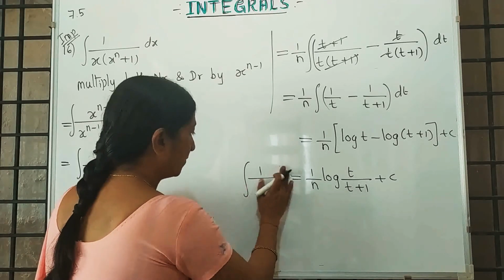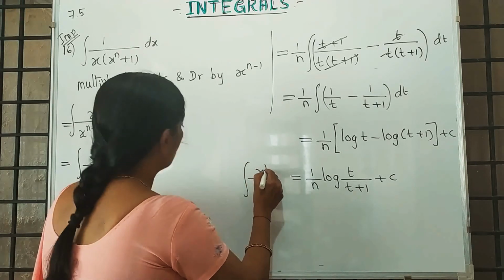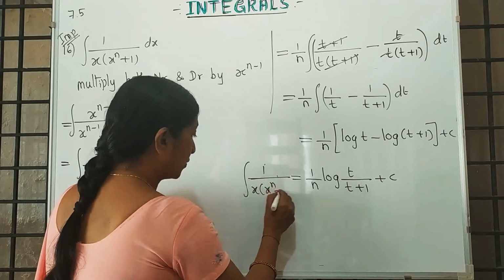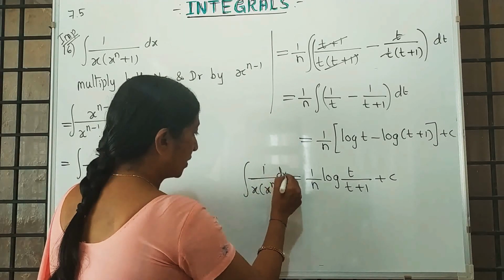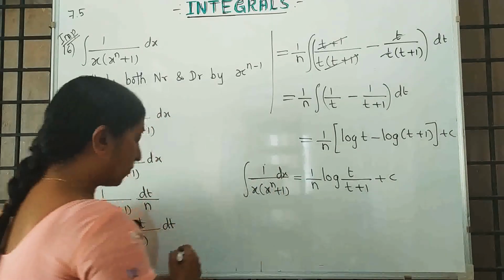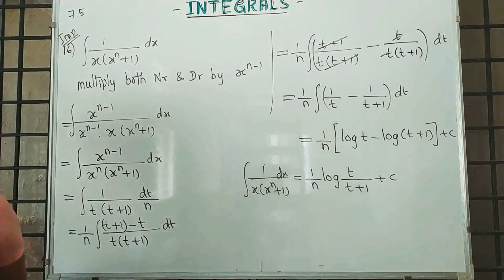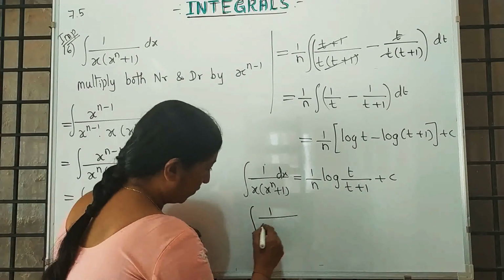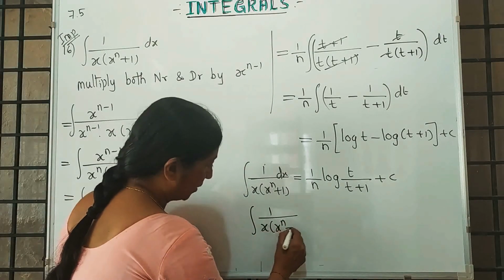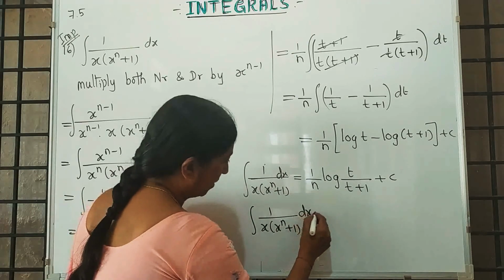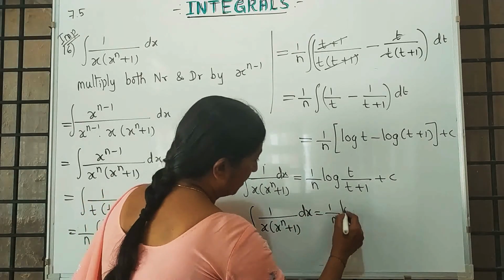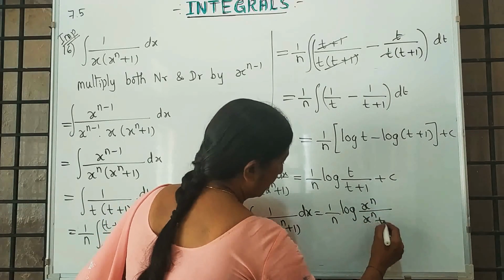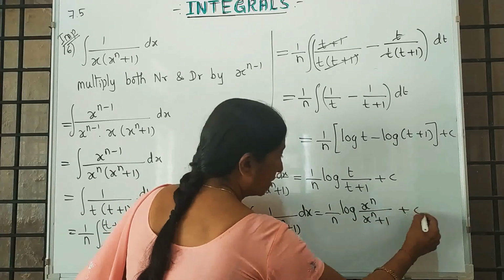Sorry, 1 upon x into x raised to n plus 1 into dx. The problem is in the form of x, we got the answer in the form of t. So convert that. 1 upon x into x raised to n plus 1 into dx is equal to 1 by n log of x raised to n upon x raised to n plus 1 plus c.